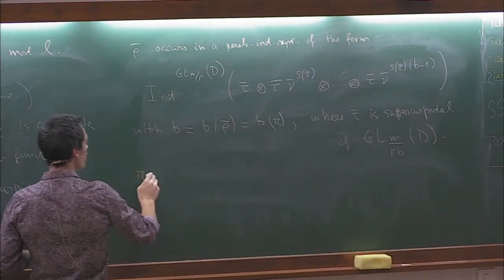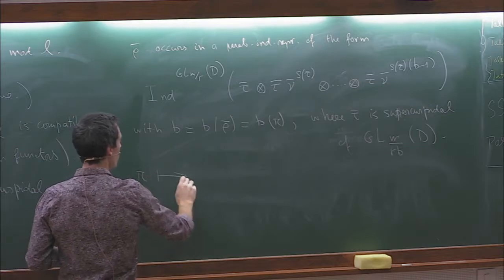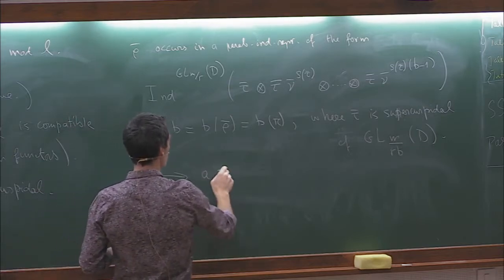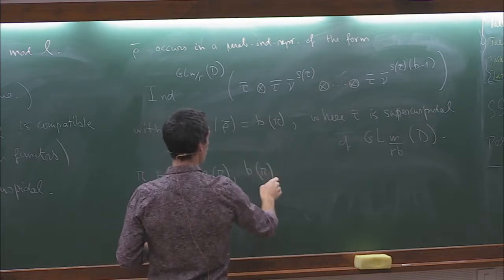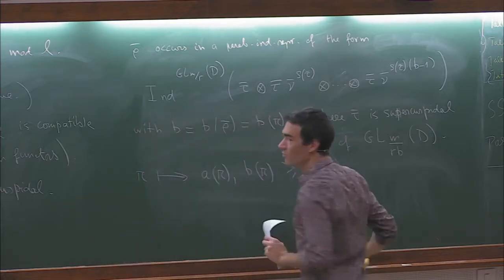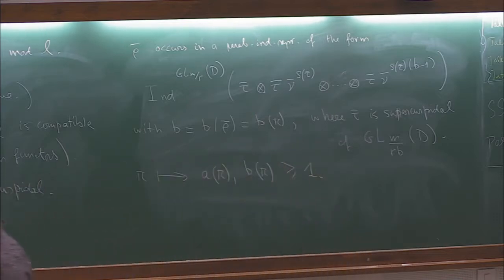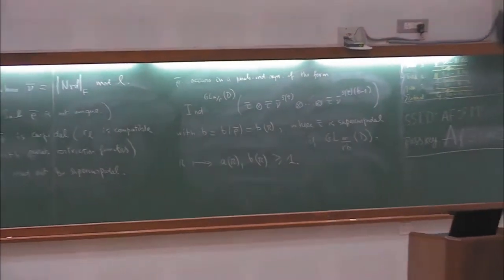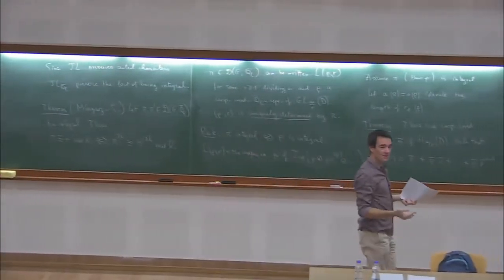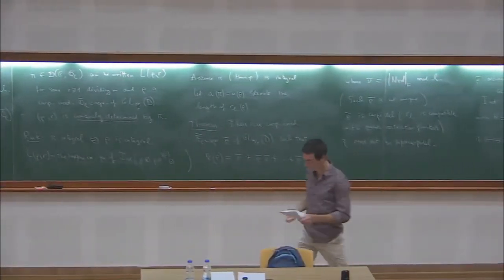So in conclusion, associated with pi we have two positive integers, a of pi and b of pi, which occur in the description of the reduction mod L of rho. Once we have defined these two invariants, it is natural to ask what happens to them through the Jacquet-Langlands correspondence.